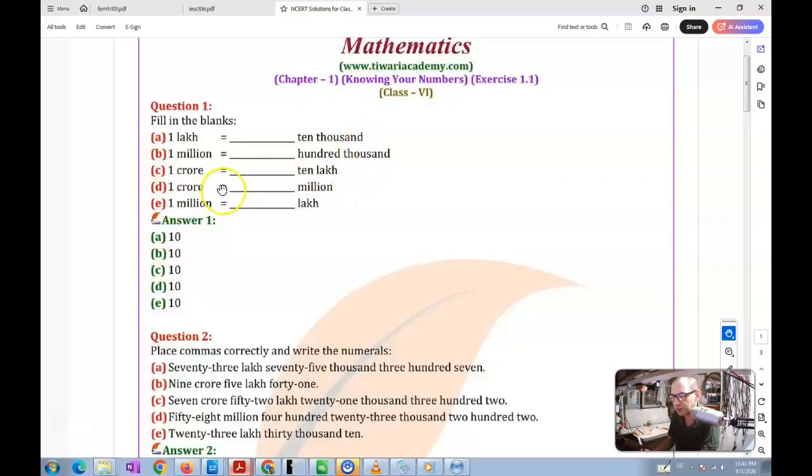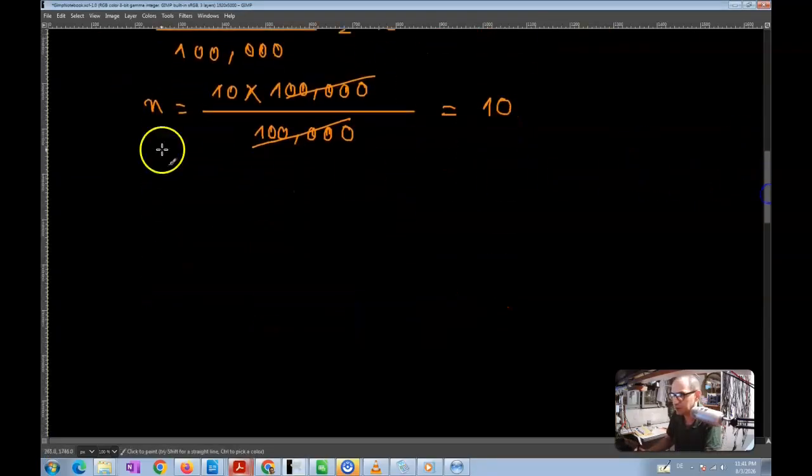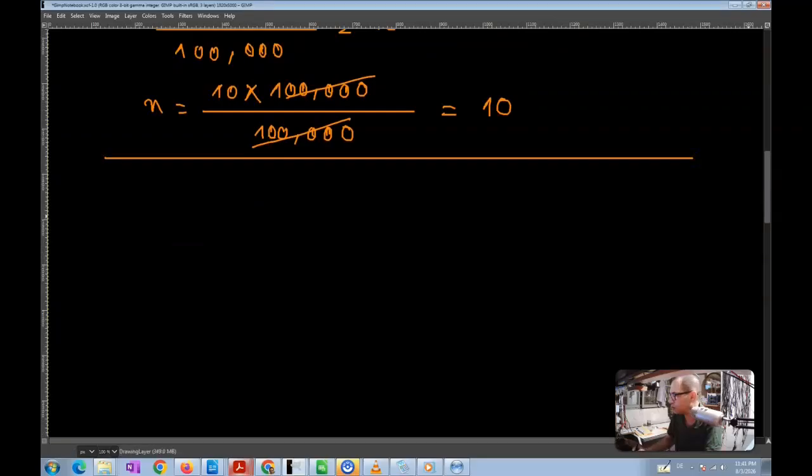And for your information, just as definitions that you can use, a crore in the Indian system of numeration is 1,00,00,000.